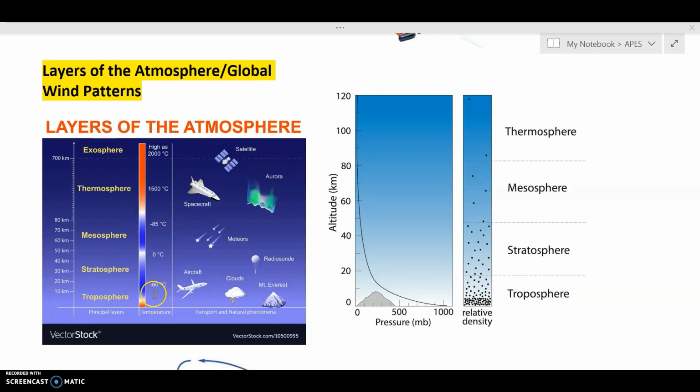Another thing the College Board wants you to be familiar with is how the temperature varies depending on which layer you're in. Closer to the ground, of course, the temperature is going to be higher, but the higher you go, the lower the temperature is going to be.